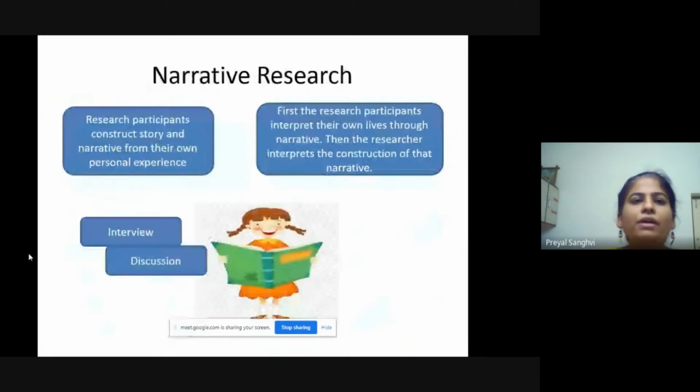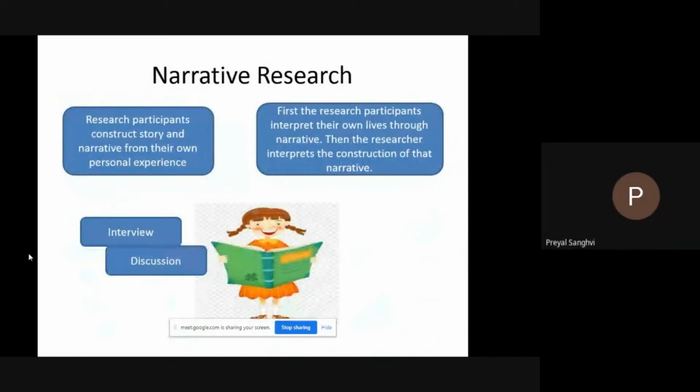Next, we are going to discuss narrative research. In narrative research, the research participant constructs a story and narrative from their own personal experience. Basically, in narrative research, first the participants try to tell the story about their life, and after that the researcher interprets the construction of that narrative.